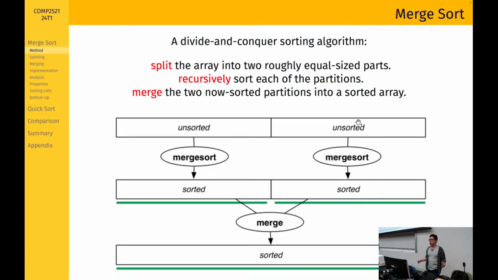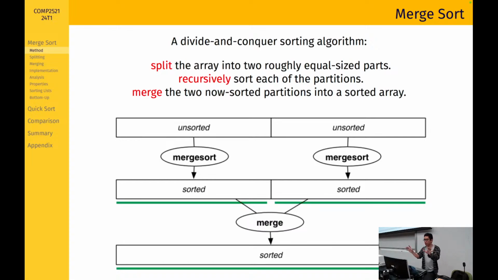Then we recursively sort each of the partitions, each of the halves. Notice here we are applying merge sort recursively on the left half, and we are also applying it recursively on the right half. And after we've done that, we now have two sorted subarrays.